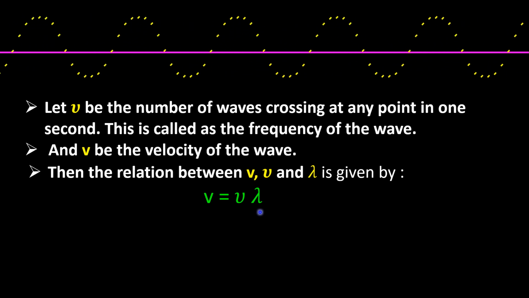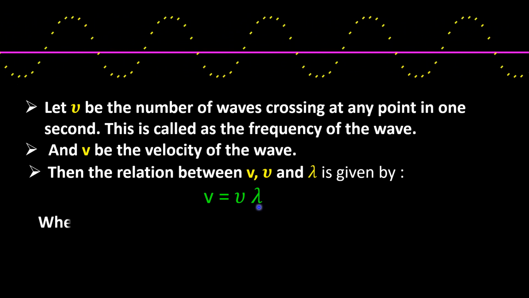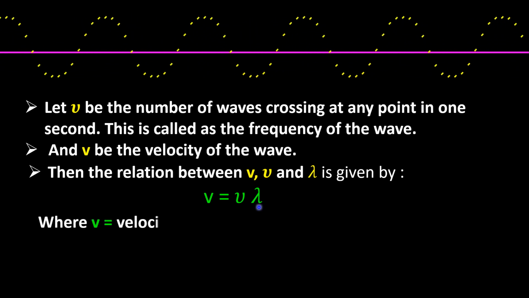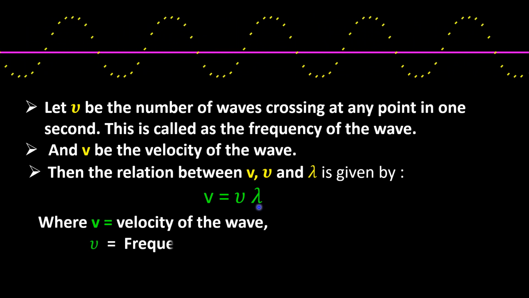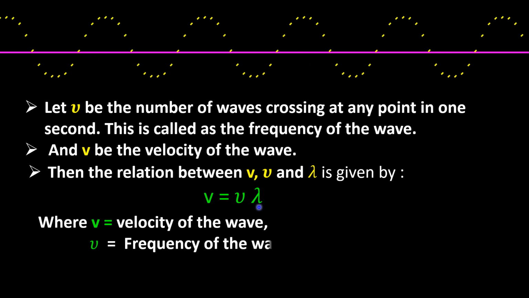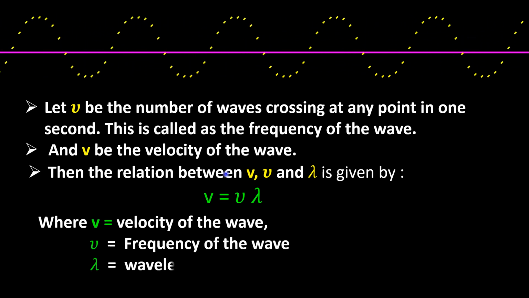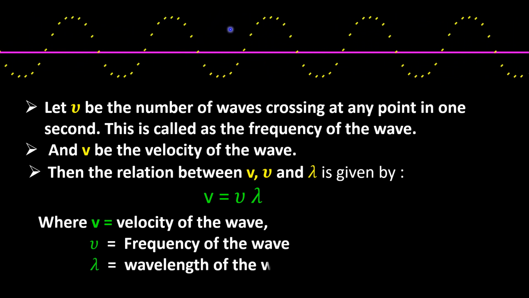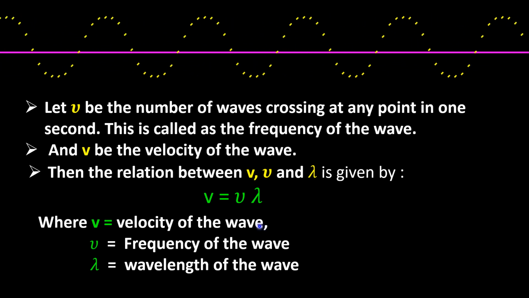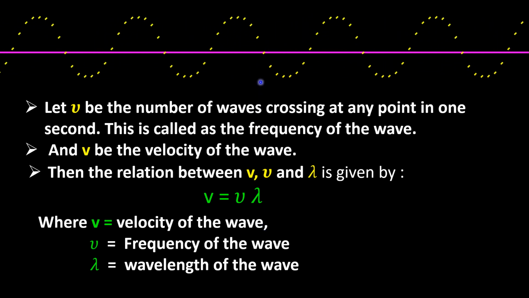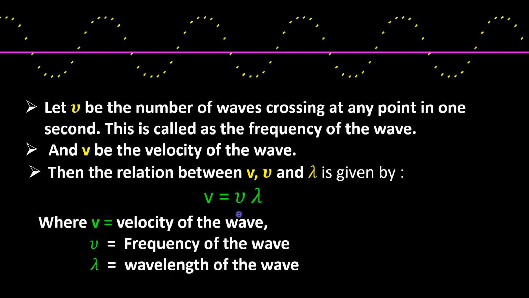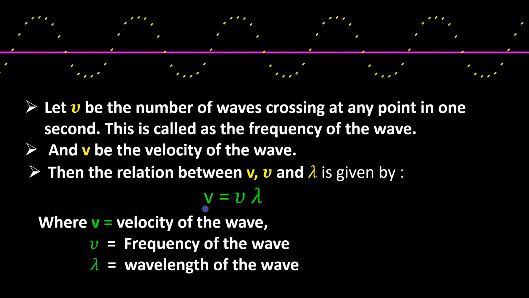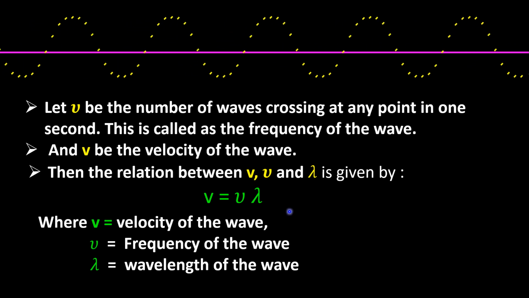Obviously, we can know that if lambda is less, meaning if the wavelength is small, then frequency is more. When lambda is small, the number of waves crossing at any point will become more. Okay, so v equal to nu lambda. This is the wave equation.